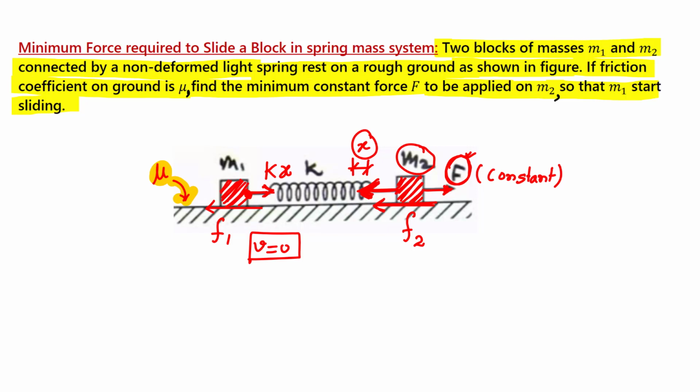Otherwise, if this block has some velocity, then the spring will have some more elongation, and in that case this x will not be the appropriate x, because x is decided by F1. So once I fix the x, and I also fix this velocity as 0, this velocity is already fixed, so the other velocity will also be 0.